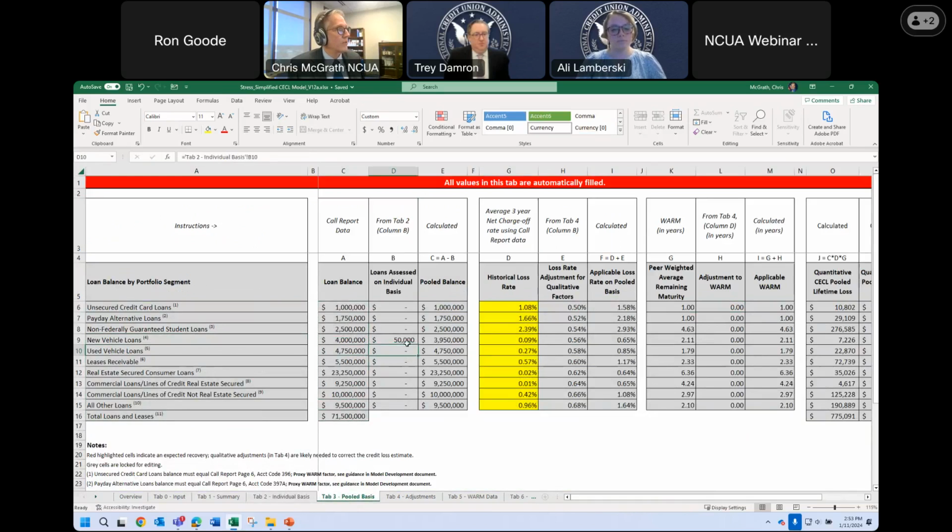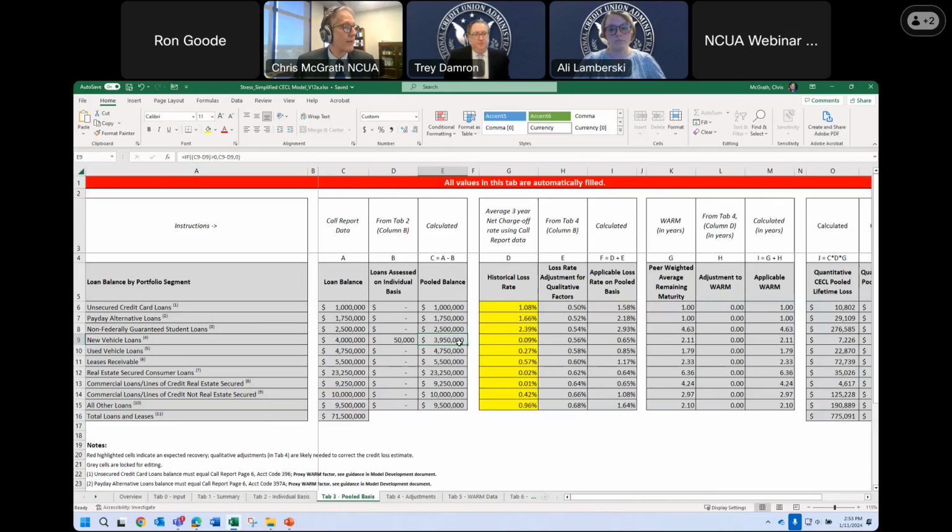You see that we're subtracting out the gross value of the loan that we are individually evaluating. And that leaves us the pool that we apply our regular rates to. This is our general reserve.